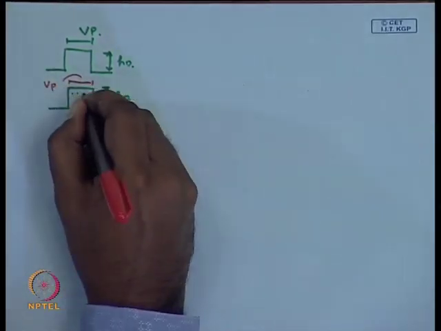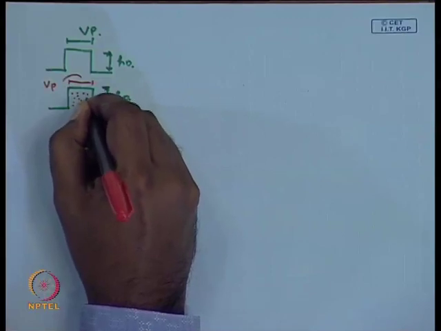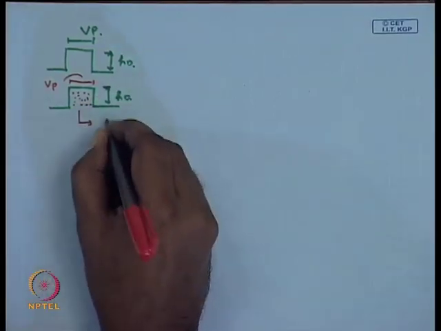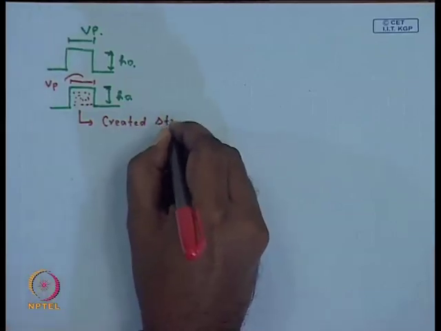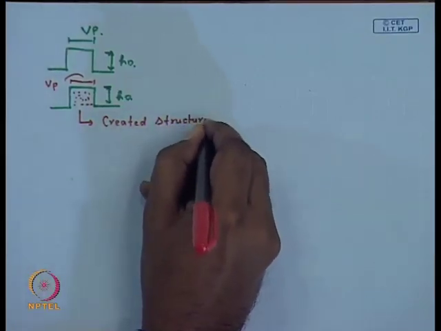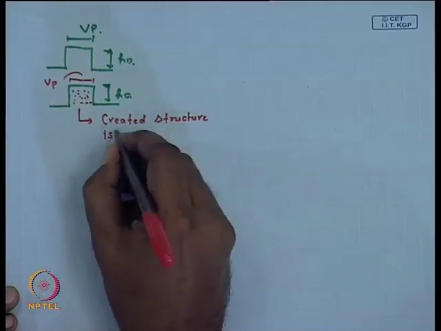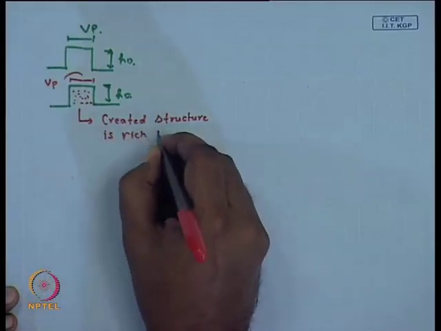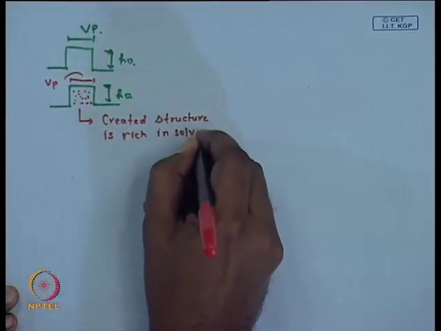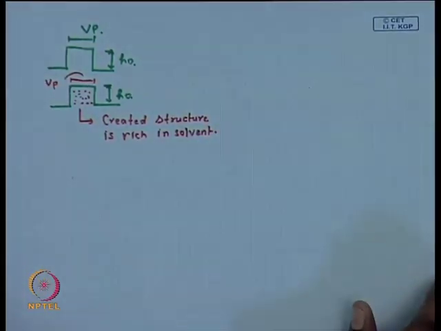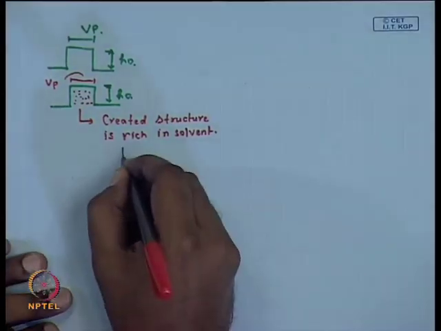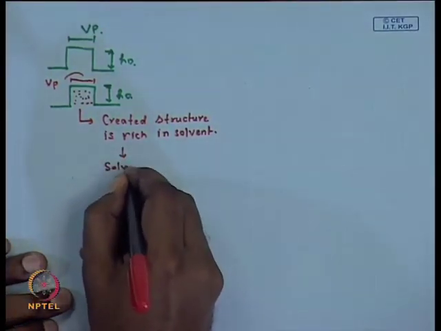The problem is that the structure you have created is rich in solvent, and typically these are polymers. So, these are organic solvents, and the solvent is likely to evaporate away.